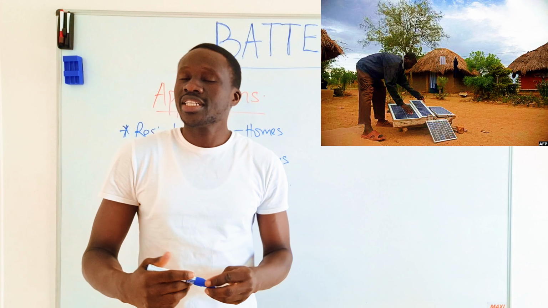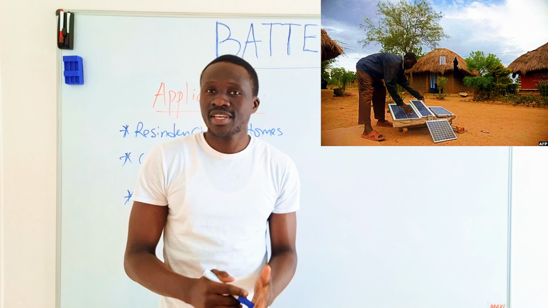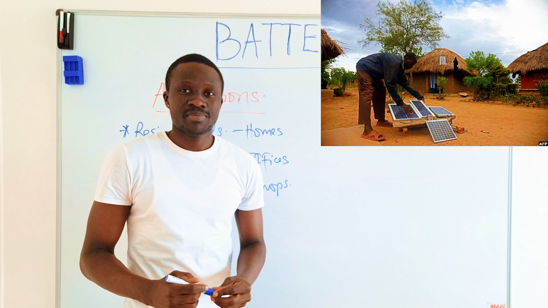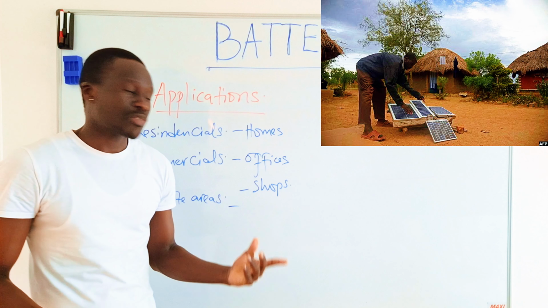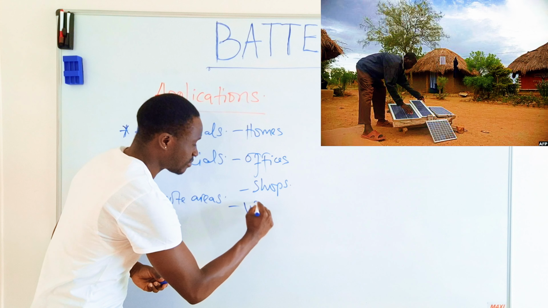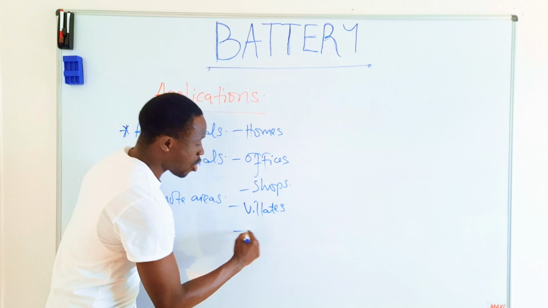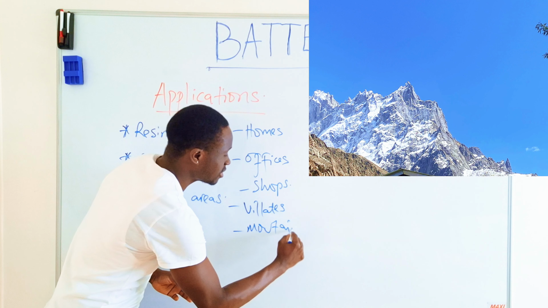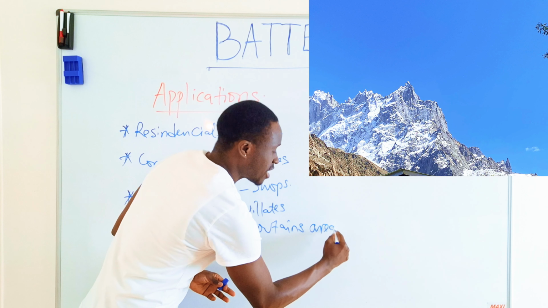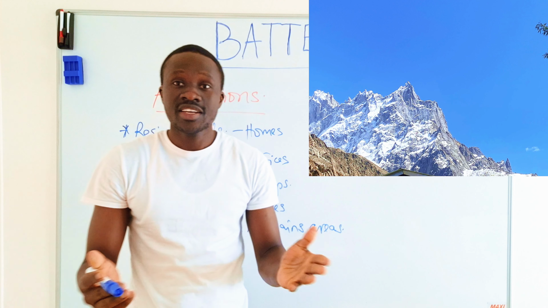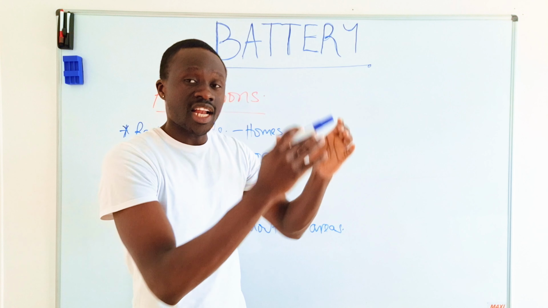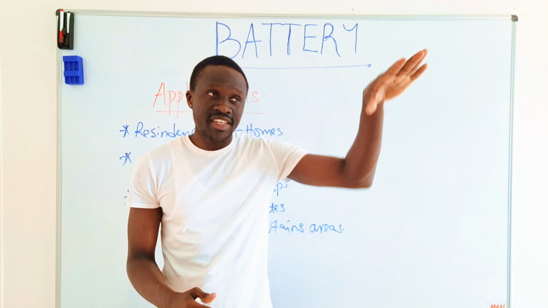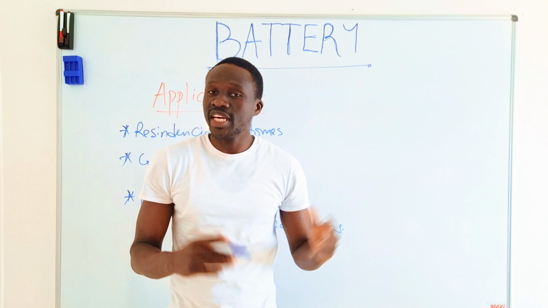Let us power the villages with the solar system, by the use of the battery to power our villages during the night. This battery will be helpful in our villages or mountainous areas. It is very hard for electric poles to be put in mountainous areas because of the relief or the altitude of the areas.